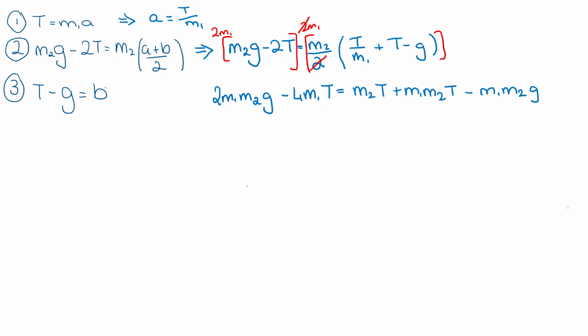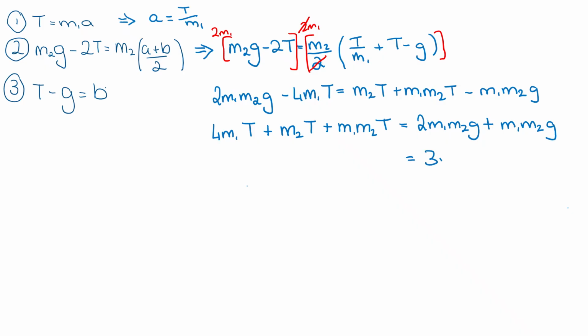So we're going to get all of our t's on one side. So that's 4 m1t plus m2t plus m1 m2t, and then everything else on the other side, that's going to be a 2 m1 m2g plus m1 m2g, and that combined is going to give us a 3 m1 m2g.